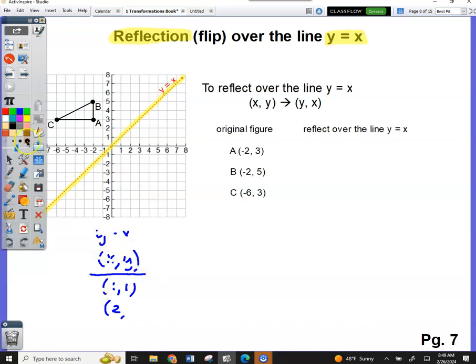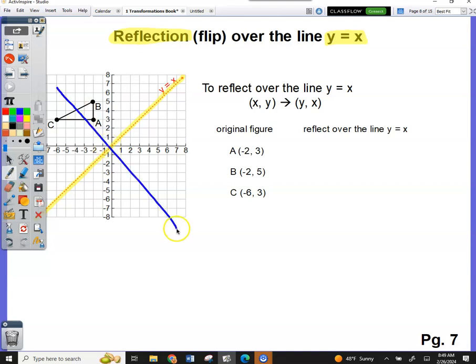Do you have to memorize where y equals x is? It'd be good if you could, yeah. It would make life easier, because if you accidentally graphed the line over here, like this, and then you reflected over it, your answer's wrong because you just reflected over the wrong line.